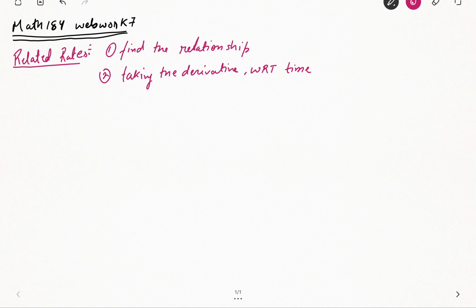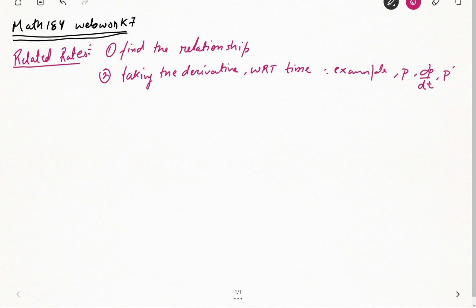The notation we're going to use here: let's say you had a quantity P. The derivative of that thing would be written as dP over dt, which in this context we will sometimes refer to as P prime.